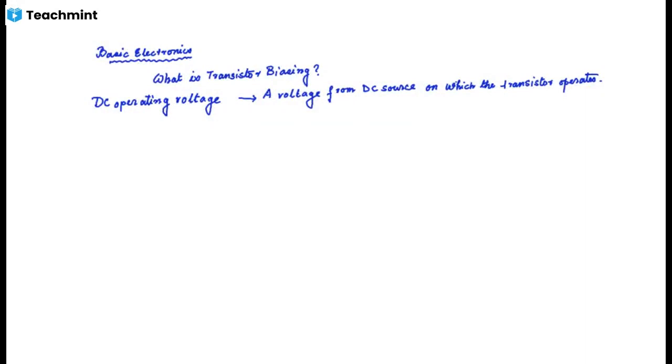So using a transistor we can serve two types of purpose. One is called amplification and one is called switching.